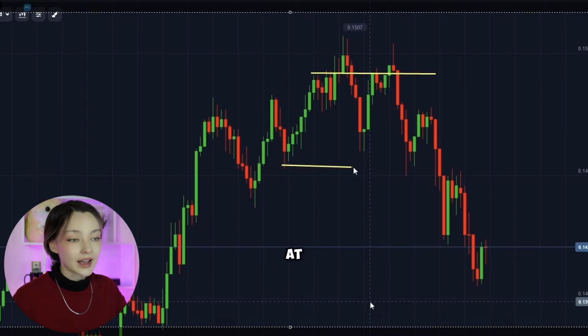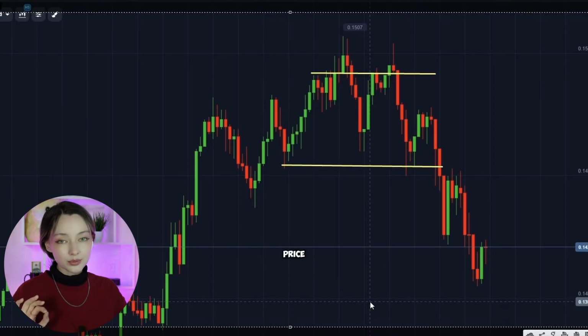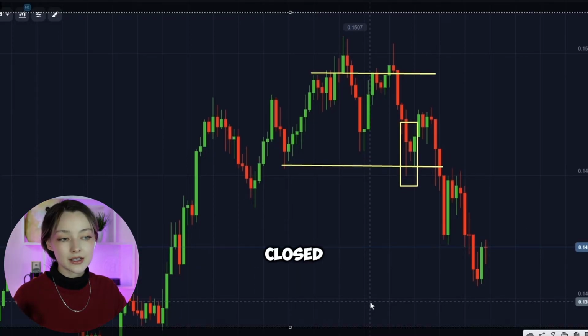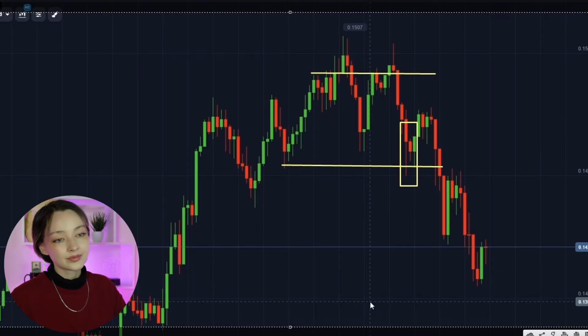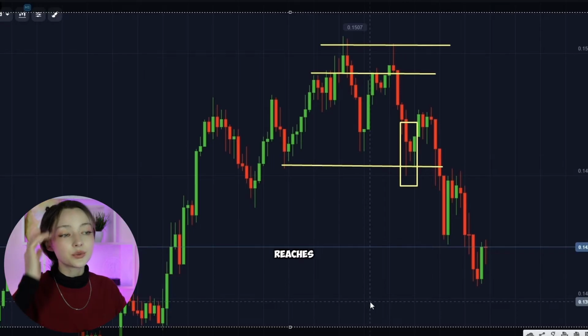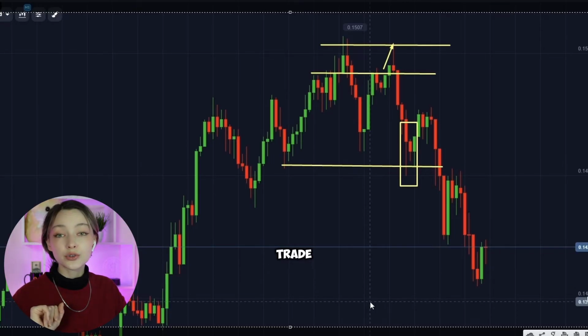If the price reaches this level, your trade automatically gets closed with your fixed profit. And if you set stop loss right here, then when the price reaches this level, your trade gets automatically closed at a loss.